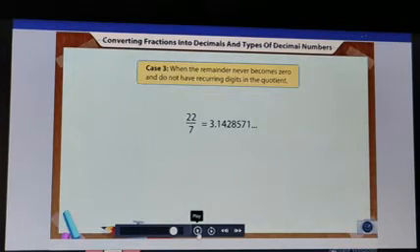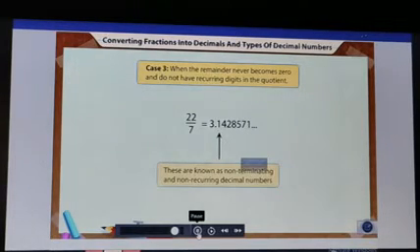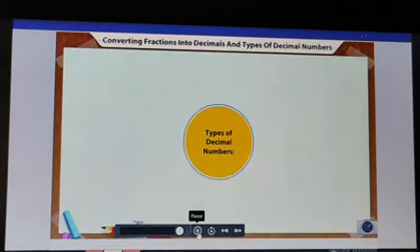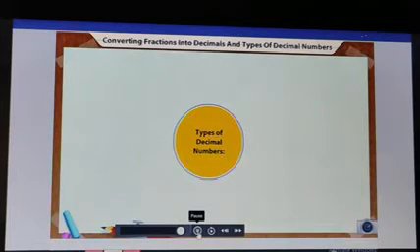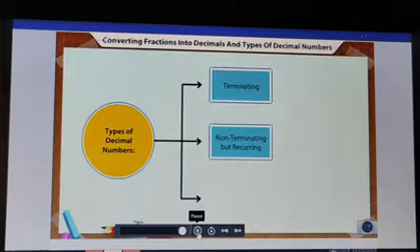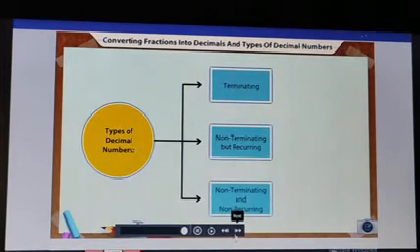So the numbers which are non-terminating, non-recurring are known as irrational numbers. These are known as non-terminating and non-recurring decimal numbers. Thus, we see that there are 3 types of decimal numbers, namely terminating, non-terminating but recurring, non-terminating and non-recurring.